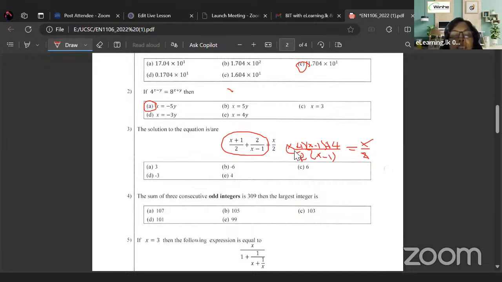X plus 1, x minus 1, if you multiply x plus 1 by x minus 1, what's the answer? X squared minus 1 will result from this part, plus 4 divided by x minus 1, equal to x is here. You can multiply these two together. In the left hand side, x squared plus 3 will result, right?